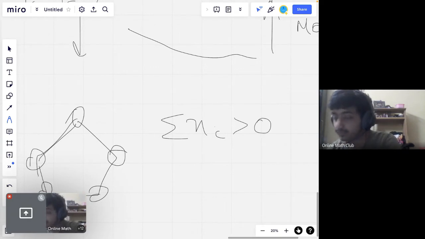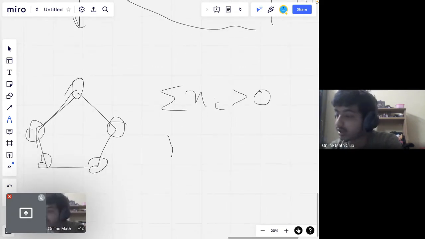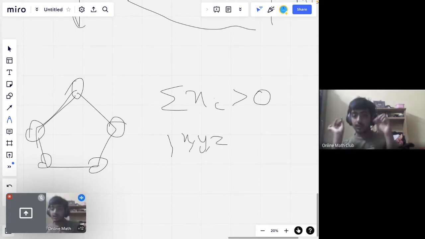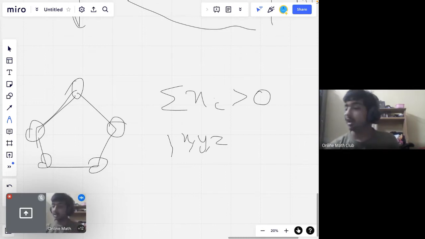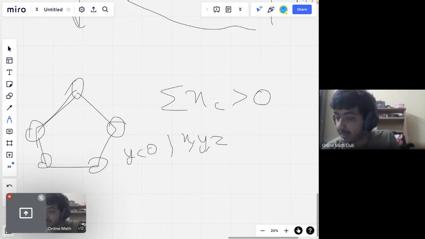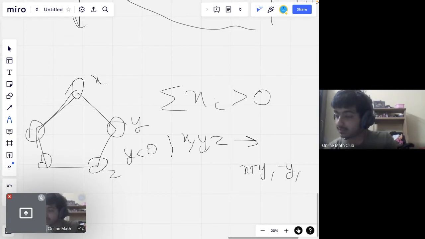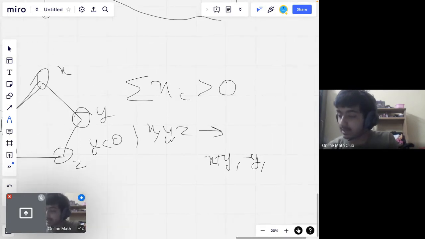Now we invent a process: if we have a negative number y, less than 0, then you select that vertex and the two vertices around it, and you change these such that x becomes x plus y, y becomes minus y, which will be positive, and z becomes y plus z.